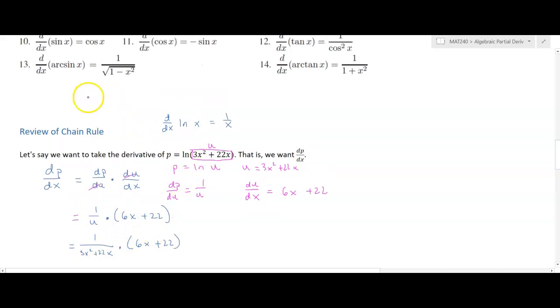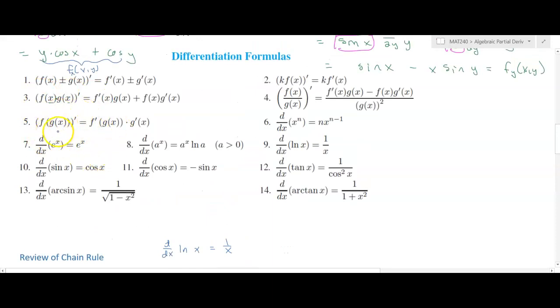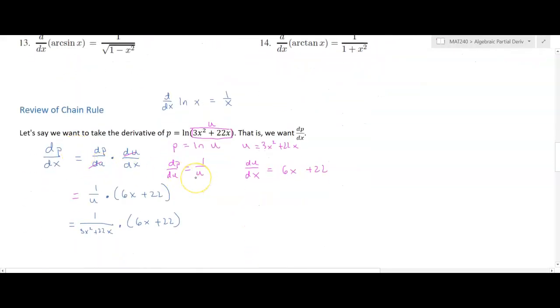Now in terms of the formula that you often see, which is this format, g of x is being treated as a brand new function. So when we think about p of x being the natural log of 3x squared plus 22x, we can really think about this as, in that notation, what they're calling g of x. So if you take the derivative of p with respect to x, then you're going to take the derivative of the natural log of g with respect to g.